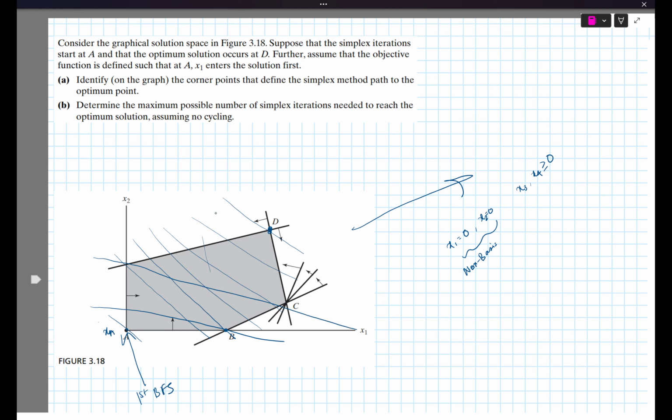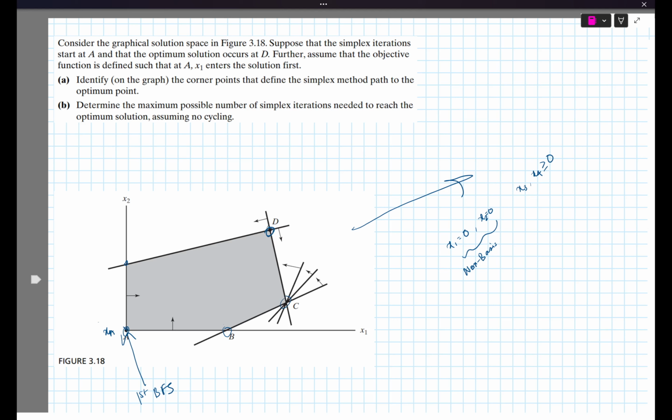In all the cases, the D will occur at the optimum place. No, I was thinking whether after A it will go here or here. So it will either be this or this, right?